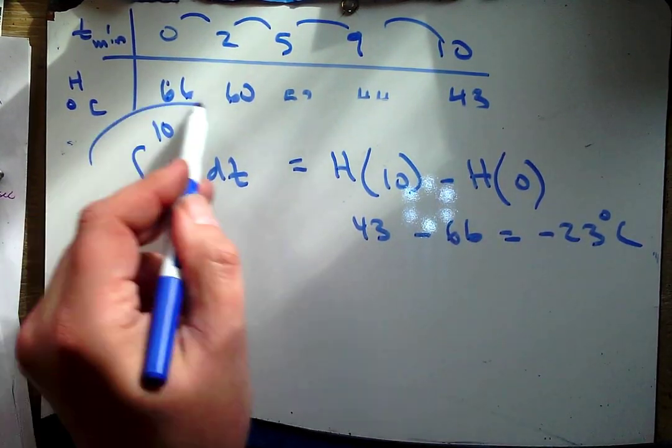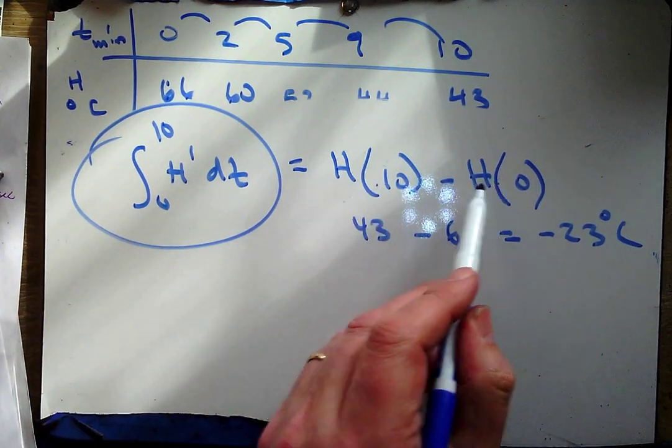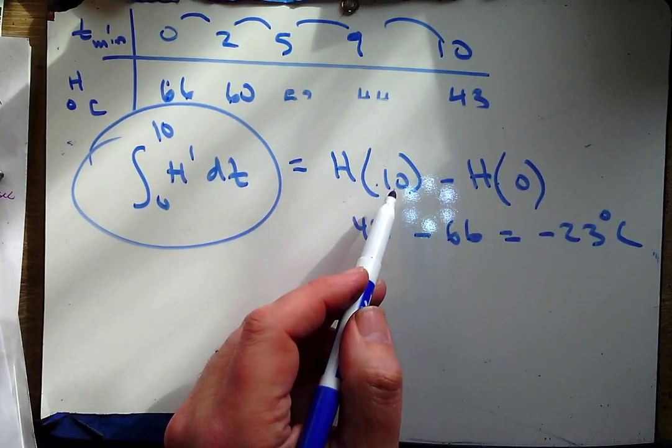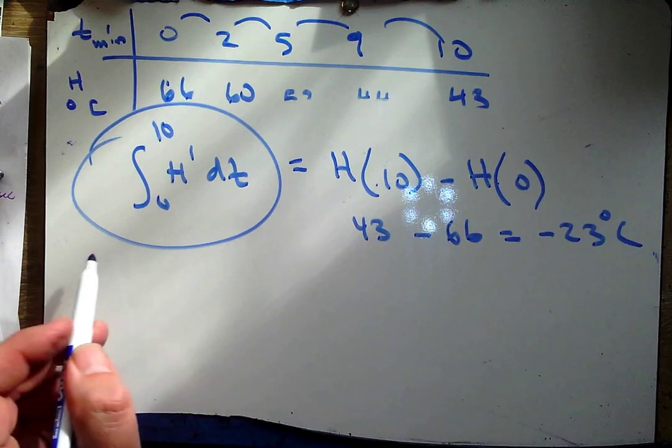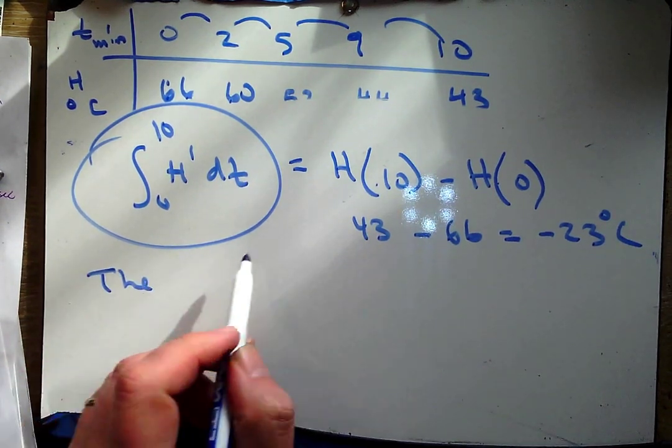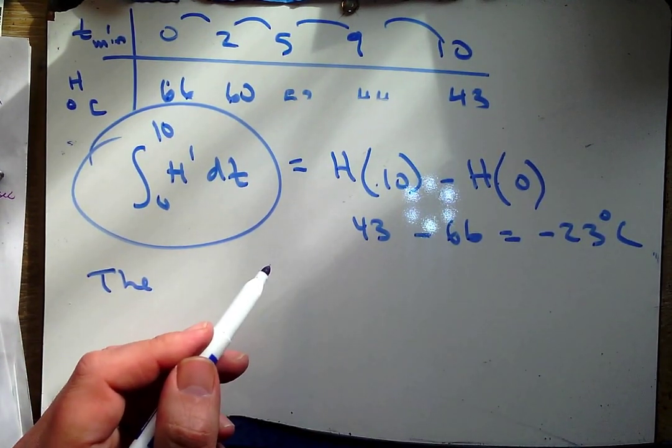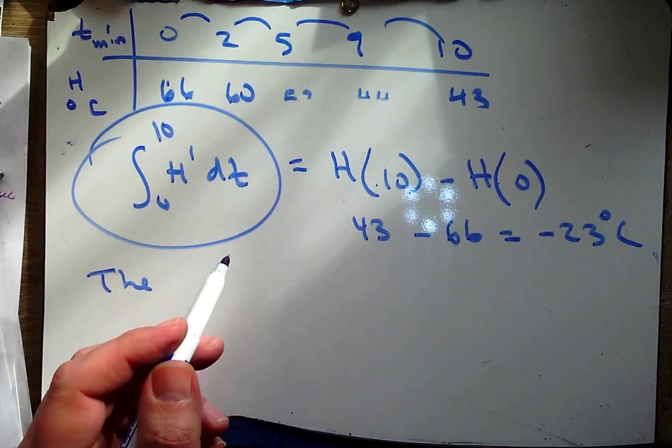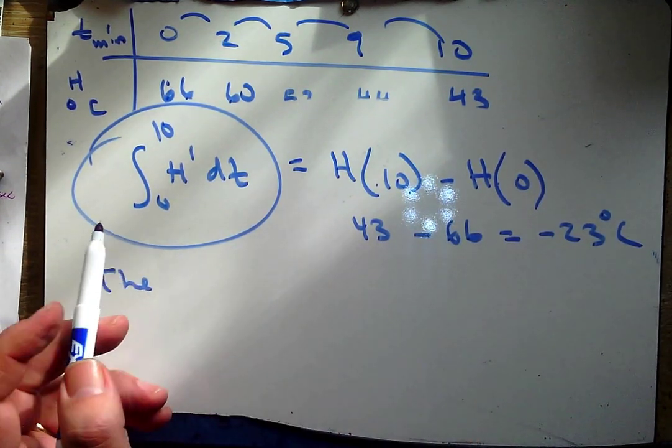And so what does this represent? Well, it's a change in temperature from 0 to 10 minutes. And it says here we're supposed to explain using correct units the meaning of this expression in the context of this problem.